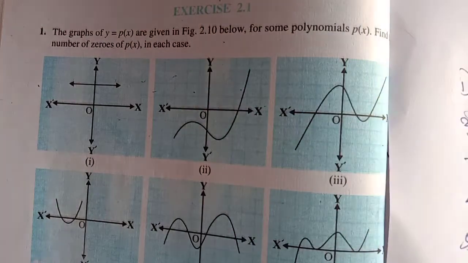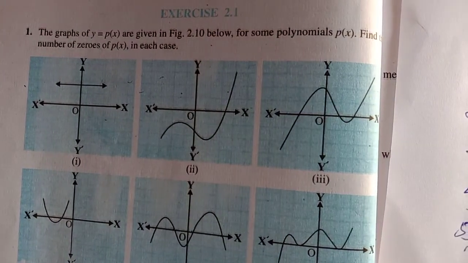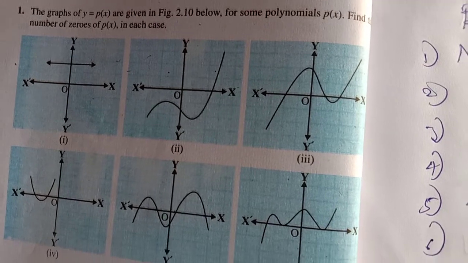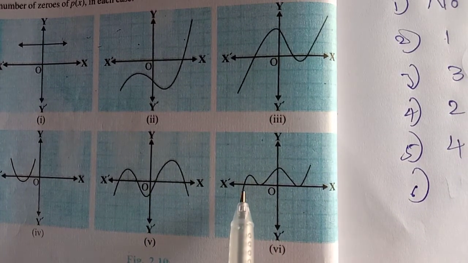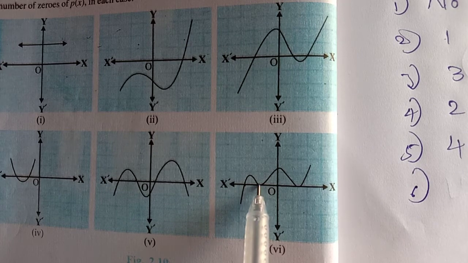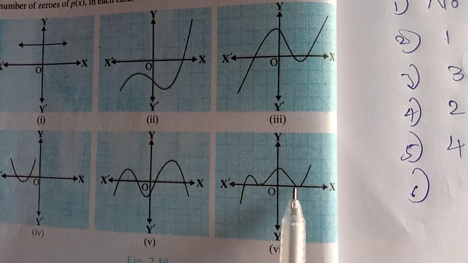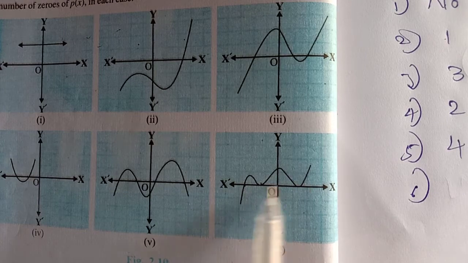Okay, students. Now let's see the last one. Observe this very carefully, because this is a little bit different: only one time it is crossing and the next 2 times it is touching the x-axis. This we have to observe. Here you can see the x-axis and this is the y-axis.